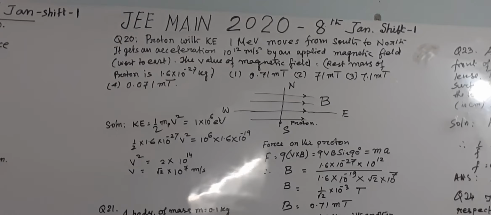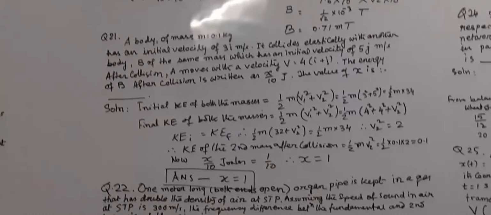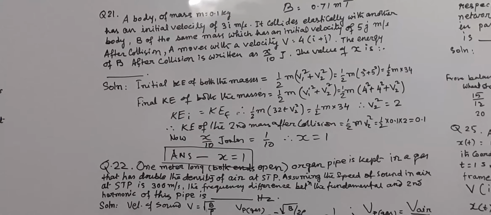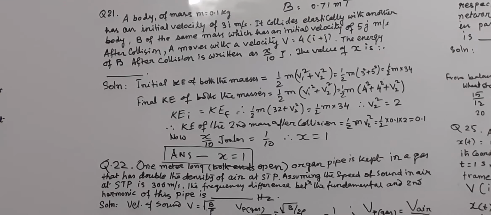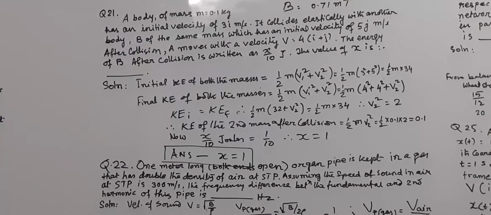Now come to question number 21. A body of mass 0.1 kg has an initial velocity along the x-axis, that is 3 meter per second. It collides elastically with another body B of the same mass, which has an initial velocity 5 j, that means along the y-axis, meter per second.